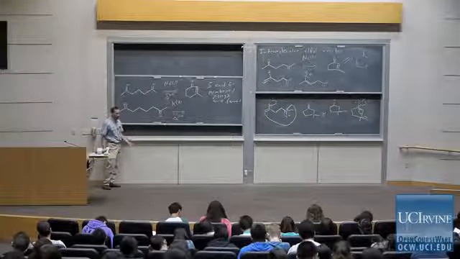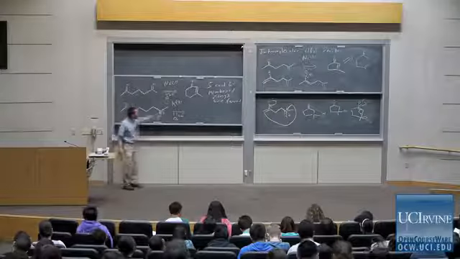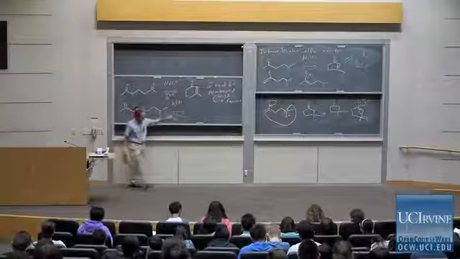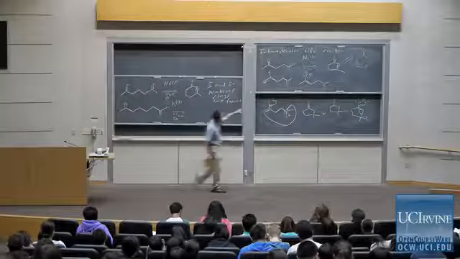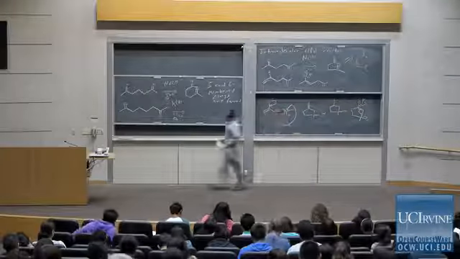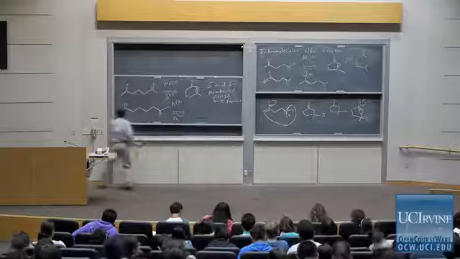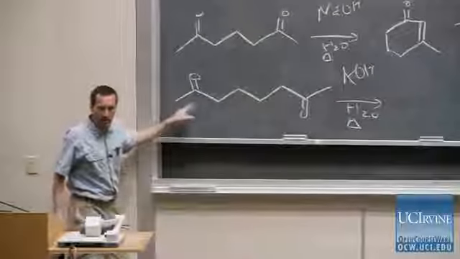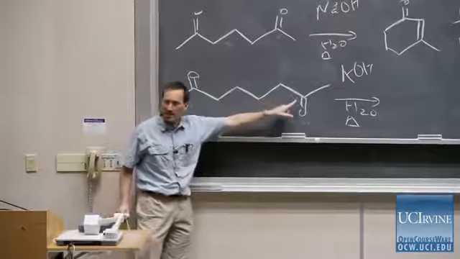Now, I said 7-membered rings don't like to form. So remember, we can form all these different enolates. We can enolize on this side, we can enolize on that side. If we start to enolize toward the methyl group here, and you imagine cyclizing, that'll form a 7-membered ring.